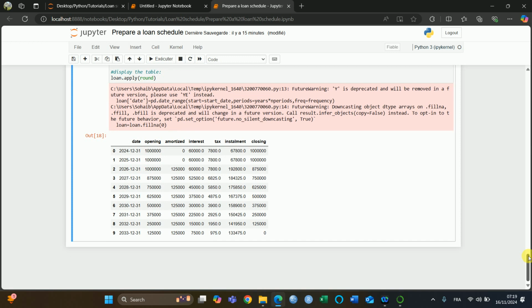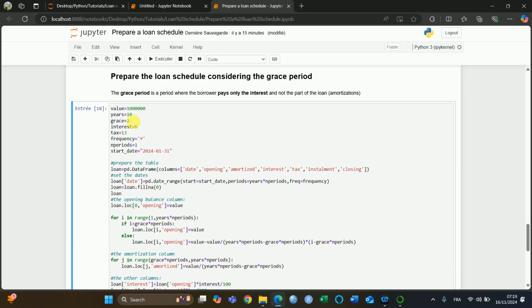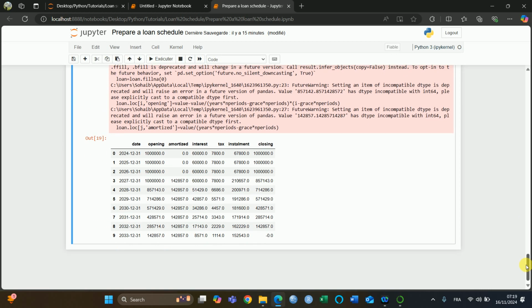All right, so this is the table containing 10 years with 2 years of the grace period. If, for example, we change to 3 years instead of two and update the code, we will get 3 years of grace period.